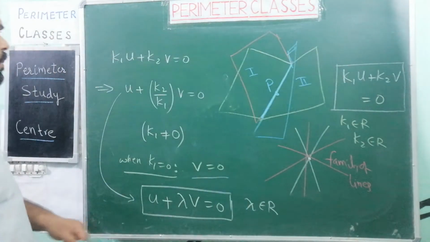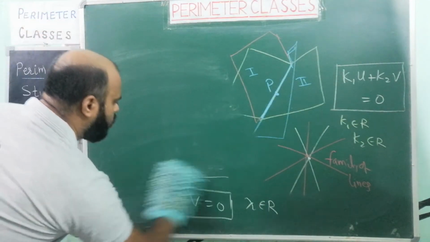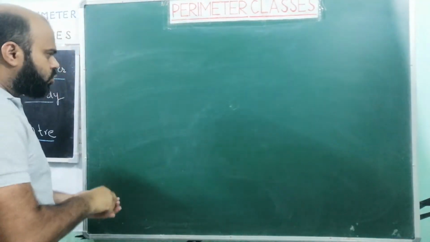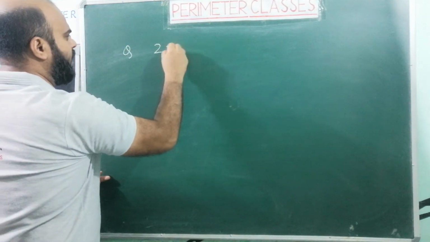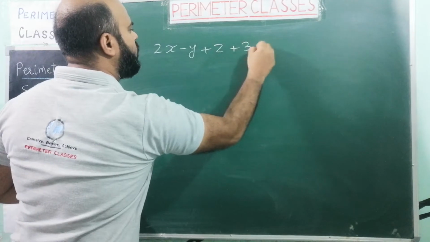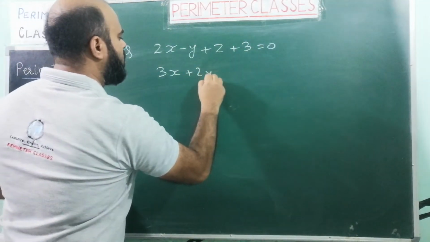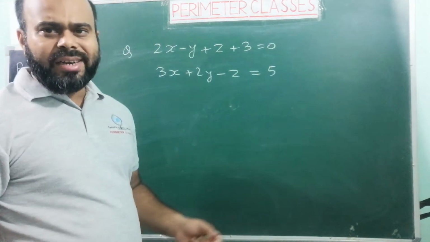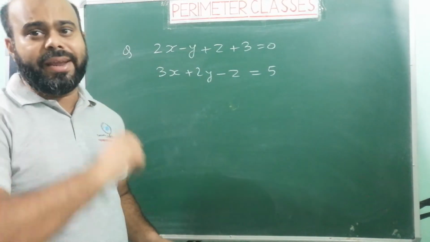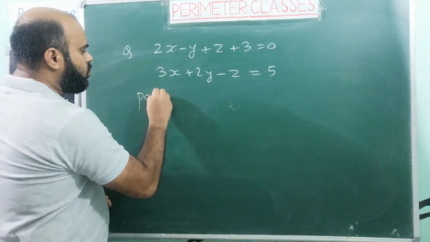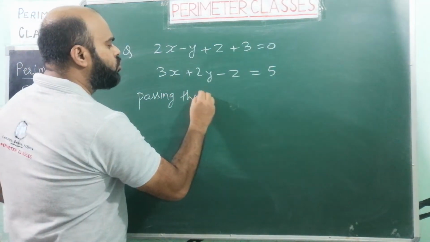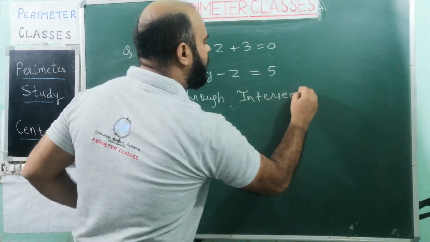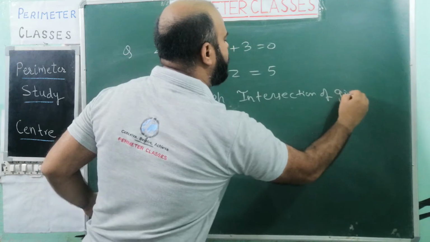So if I take an example of how to apply this, I will take a simple example now, not a difficult one. Suppose 2x minus y plus z plus 3 is equal to 0 and 3x plus 2y minus z is equal to 5 are two planes, and you have to find a particular plane which is passing through the intersection of the given two planes.